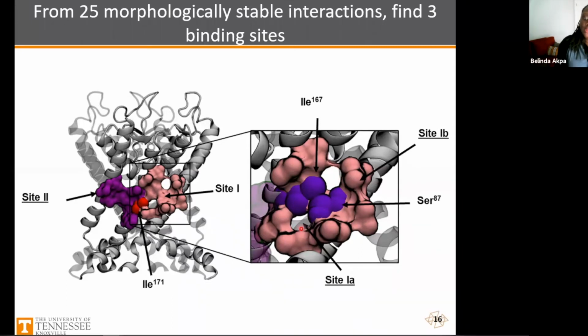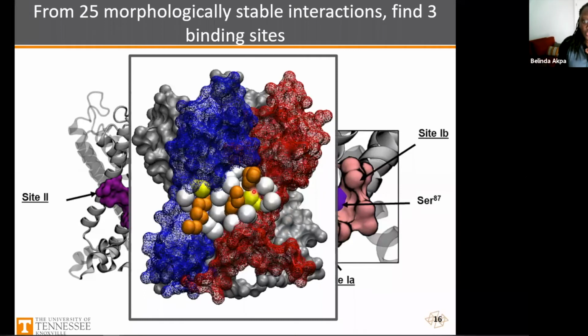Moreover, when cholesterol interacts with either of these 2 sites, how stable that interaction is depends on whether the other site is occupied. If only 1 cholesterol molecule is present, it can slide a bit between what I'm calling site 1A and site 1B. But if 2 cholesterol molecules are present, you get these 2 very well-defined distinct sites.